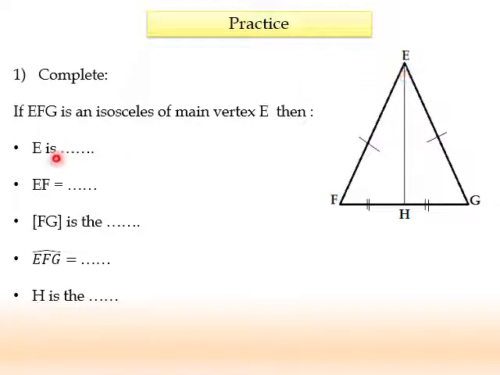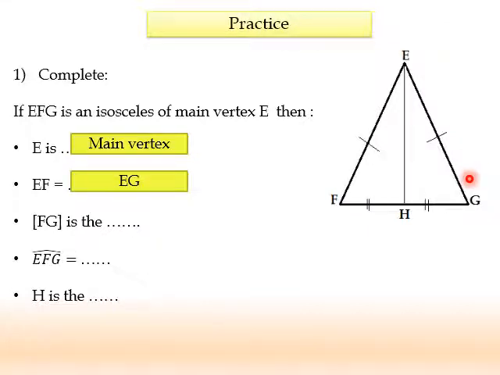Now, back to our practice. E is the main vertex or the principal vertex. EF is equal to EG. It's given from the figure. FG is the base. It's the side facing the principal or the main vertex. EFG is a base angle.